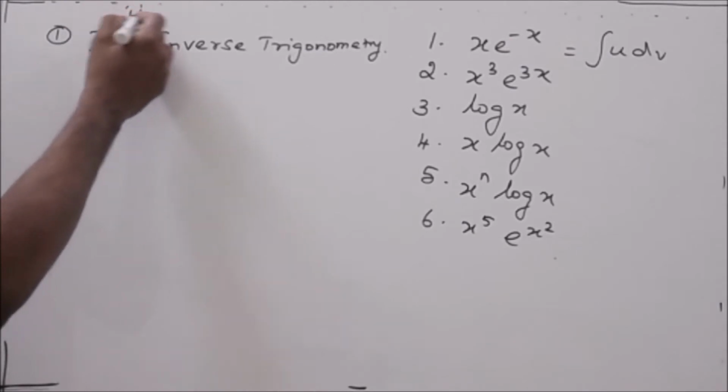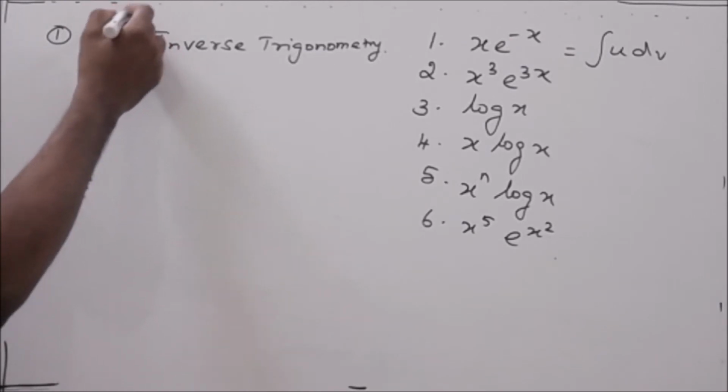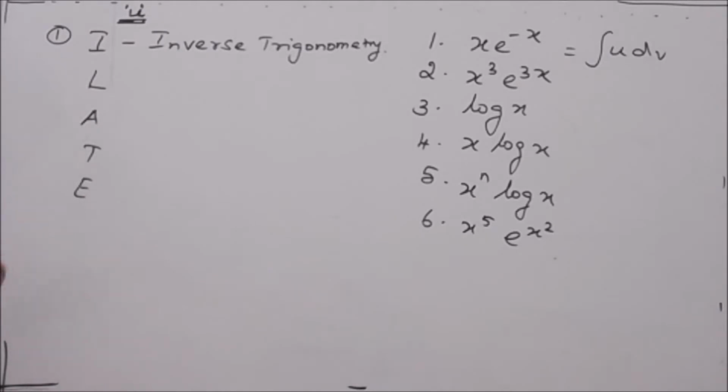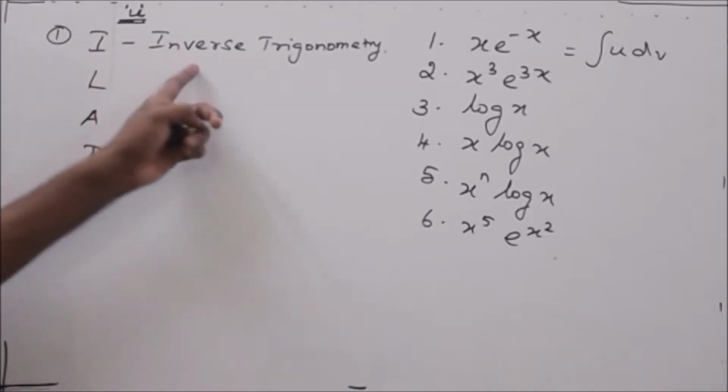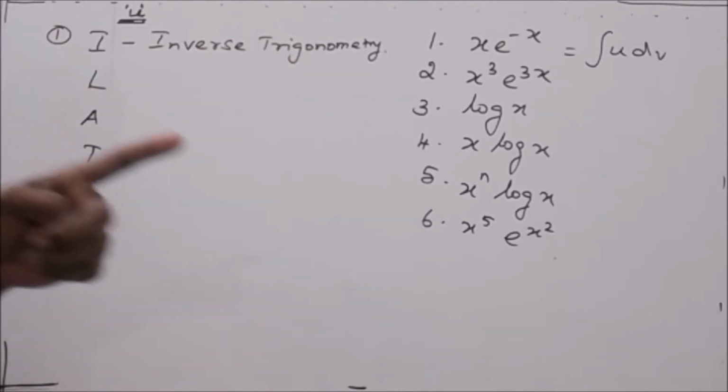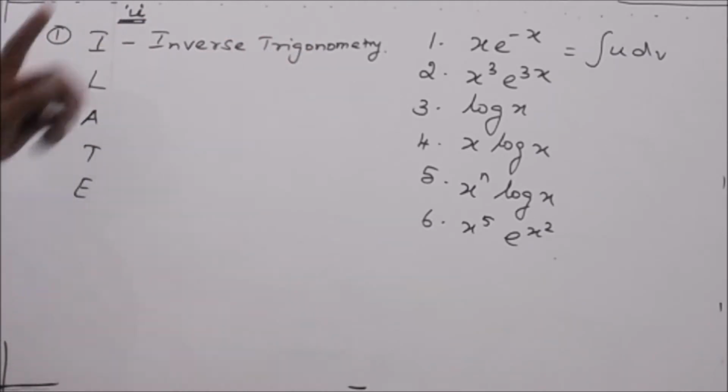To choose u, we have these types of ideas. So if an inverse trigonometric function appears in the given problem, first of all, take it as u.